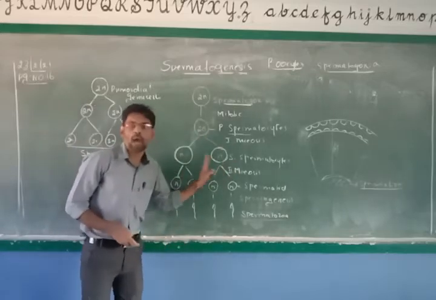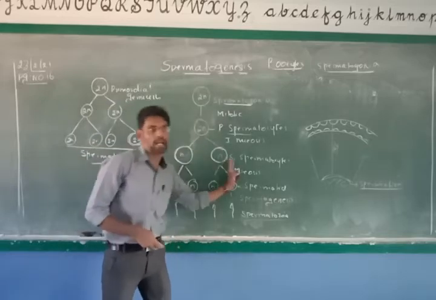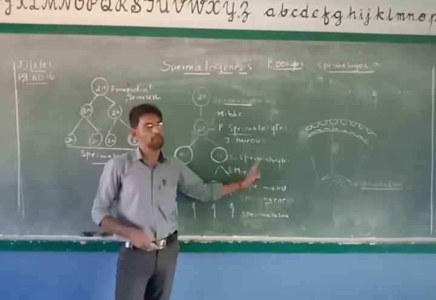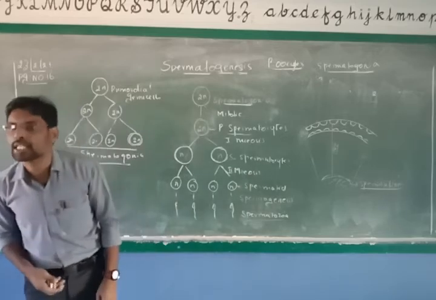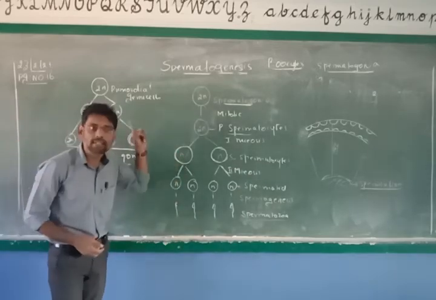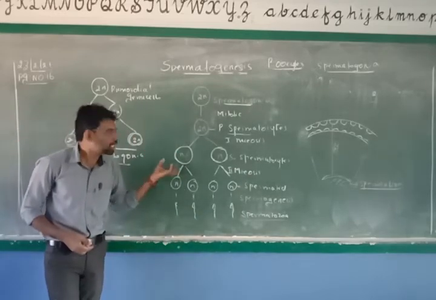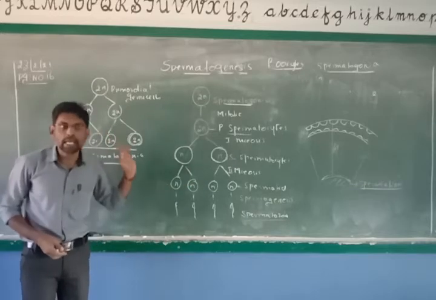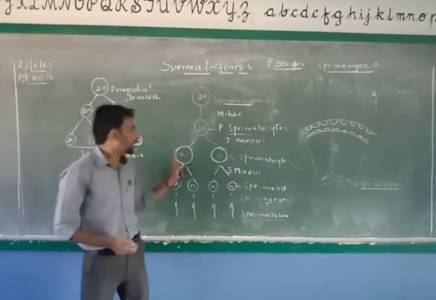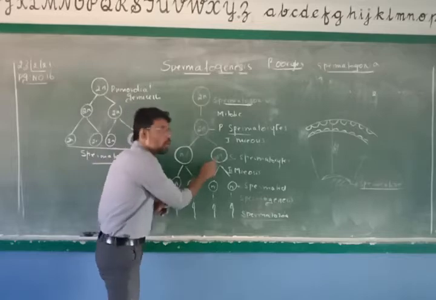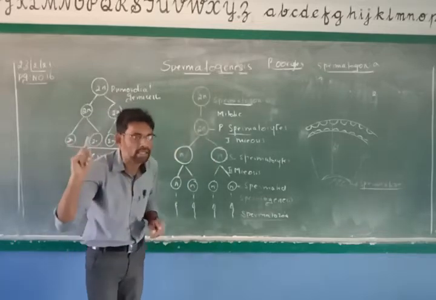So you get 2 haploid, equal secondary spermatocytes. When we studied oogenesis, what did we study? One is large, one is small. But here it is equal, so it is called equal division. Next one. There, only one secondary oocyte has gone for further development.